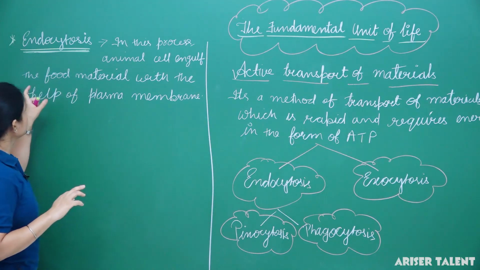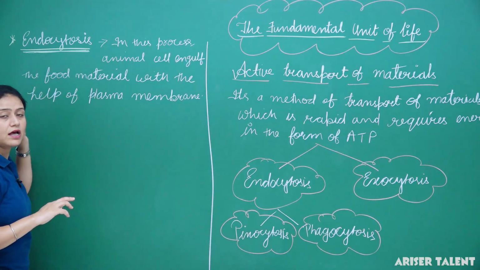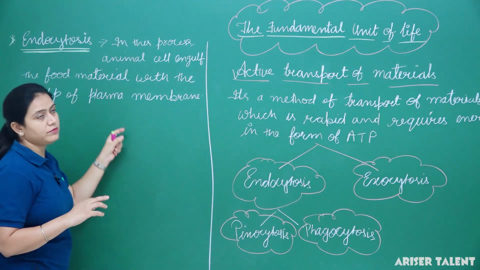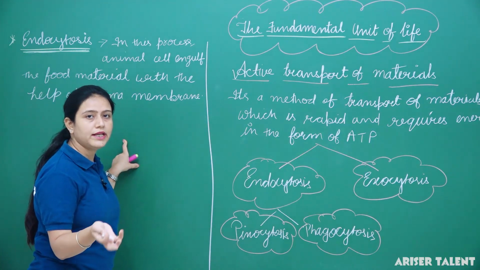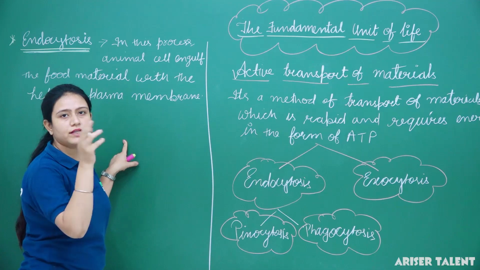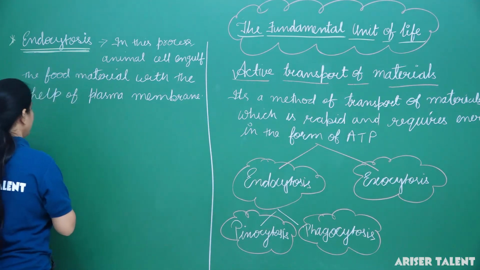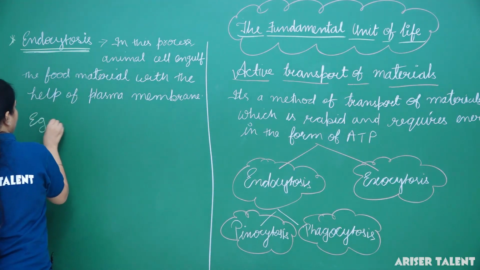Thus endocytosis takes place in the animal only when the animal cell comes in contact with the food material, then it engulfs the food with the help of plasma membrane, and generally this process takes place in the amoeba.